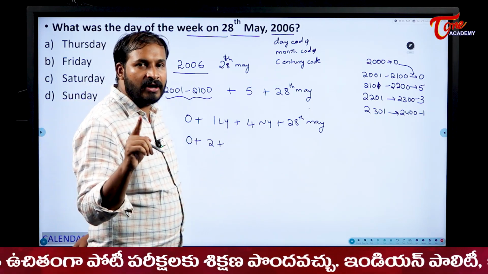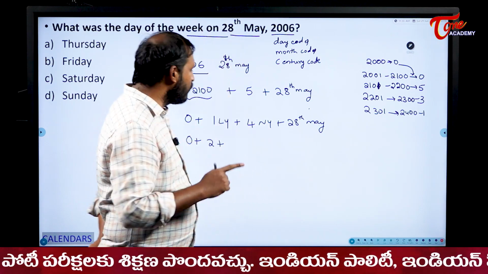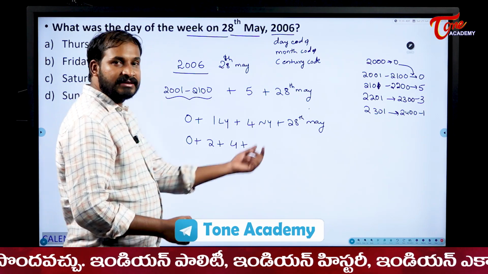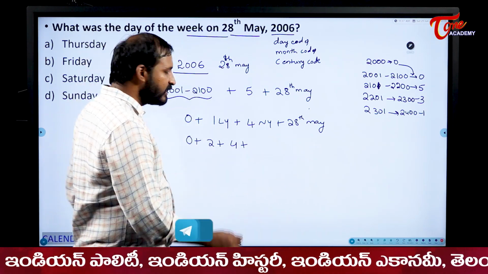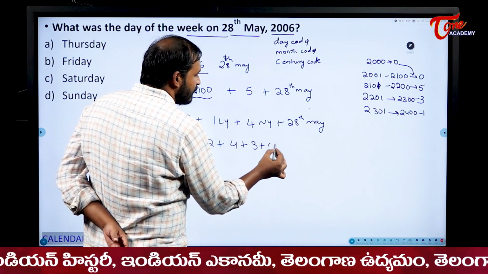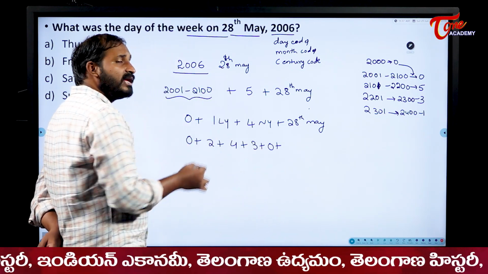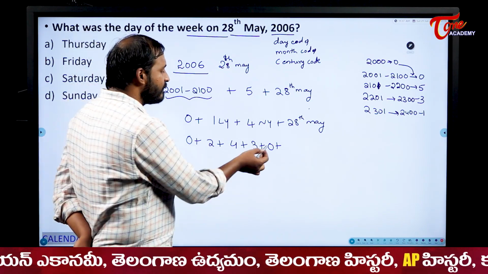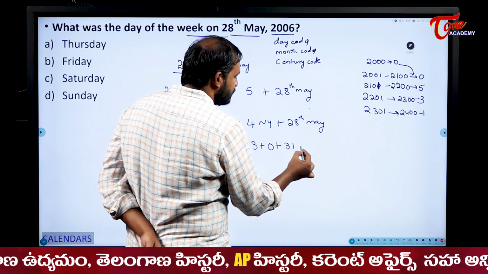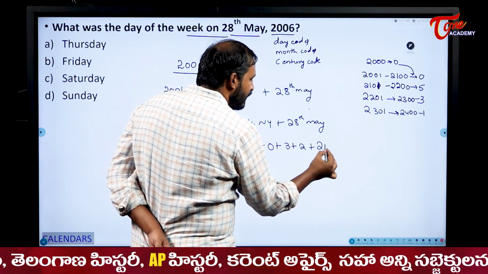For 1 normal year, 1 odd day, so for 4 normal years, 4 into 1, 4. Plus 28th May, so I should travel from January to May. January, February. Why is it 0 for February? This is a normal year. If it were a leap year, February would become 1. January, February, March, April and May 28th.